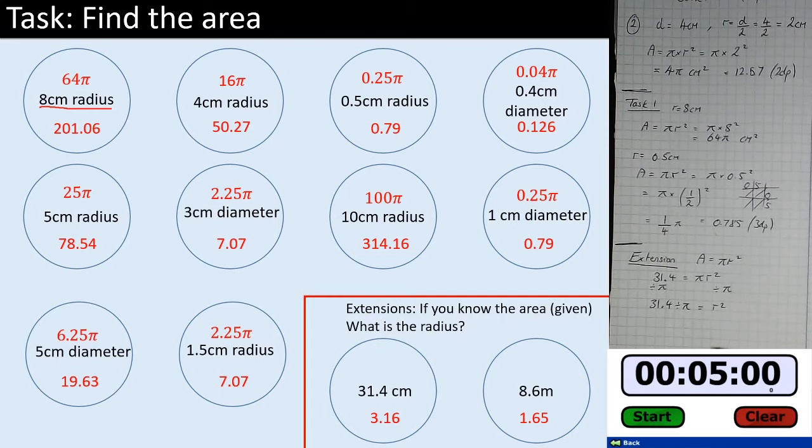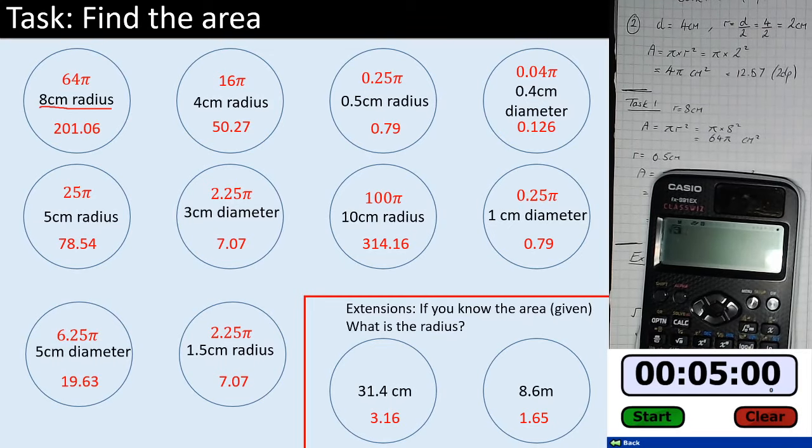That will just give us 1. That's not what we do here. What we do is we take a square root. A square root is the opposite of squaring something. So to find my radius, I want to do the square root of 31.4 divided by pi.